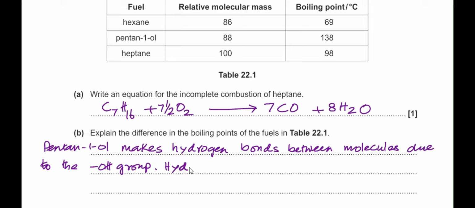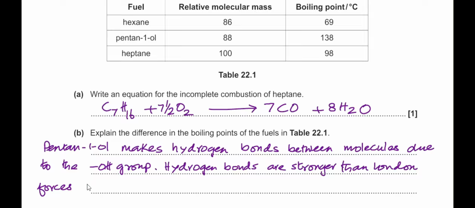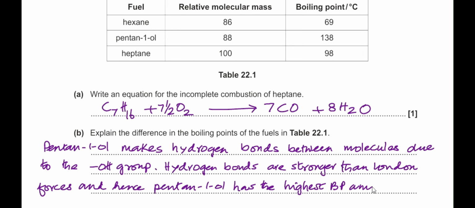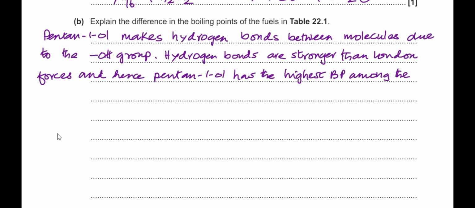Hydrogen bonds are stronger than London forces, and hence pentan-1-ol has the highest BP among the three compounds.